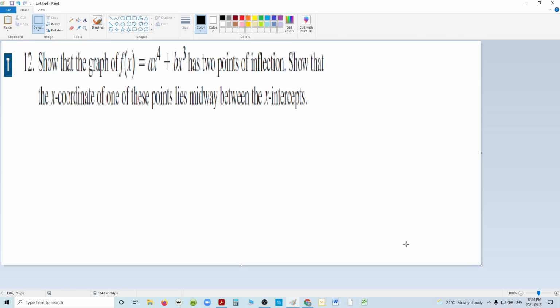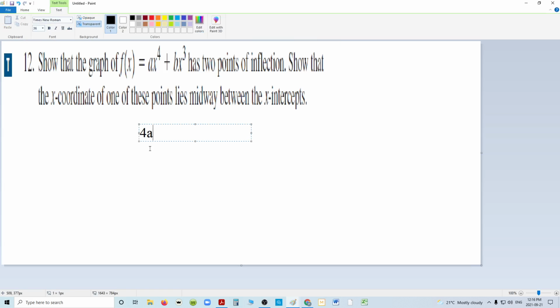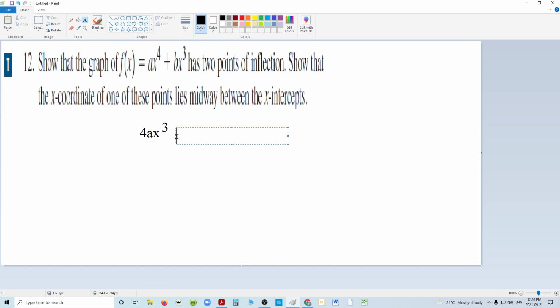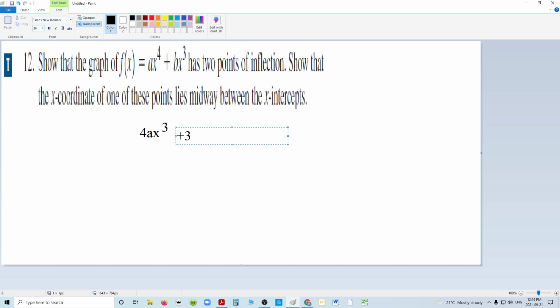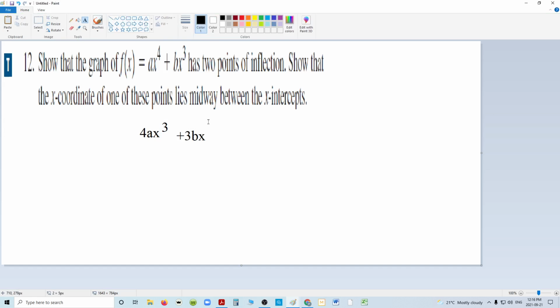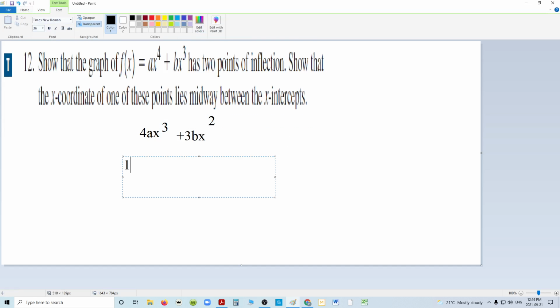So that means if it has 2 points of inflection, the second derivative. So let's take the first derivative. Cubed plus 3bx squared. Let's take the second derivative. Six bx, which I think is that.